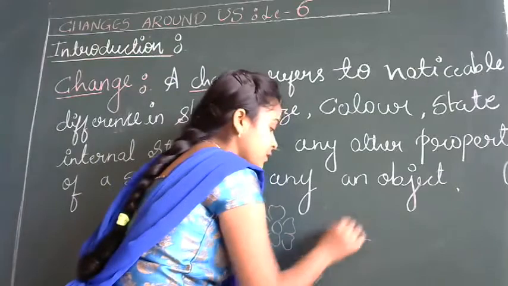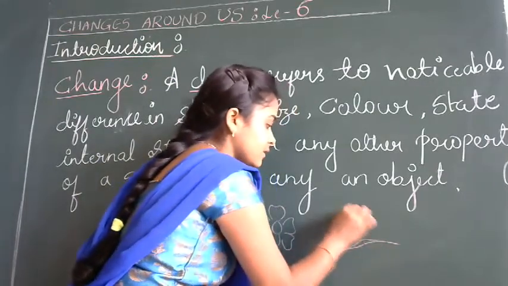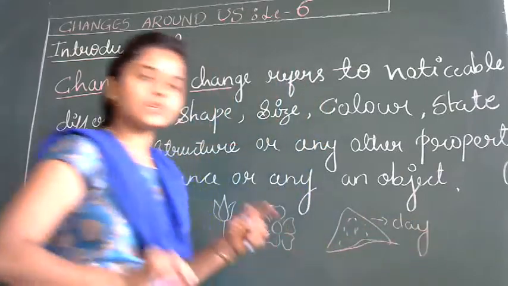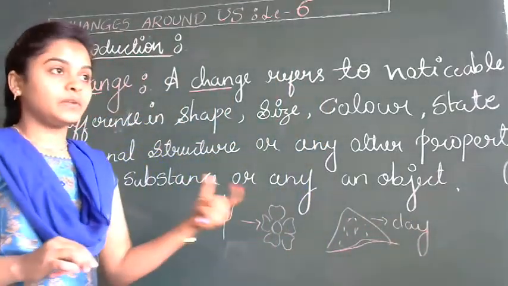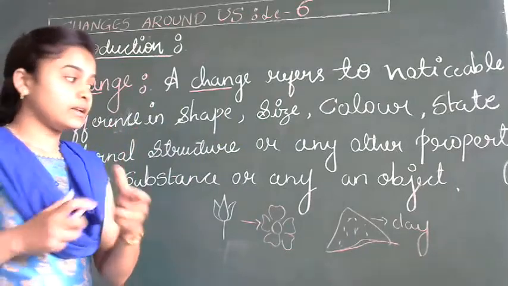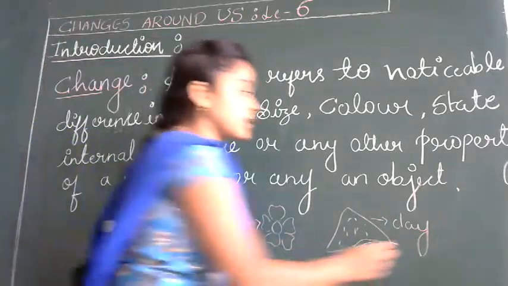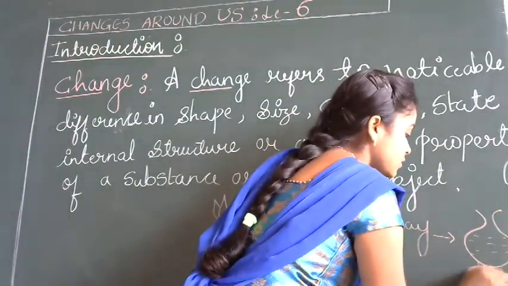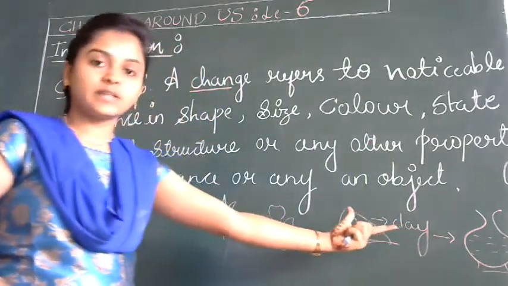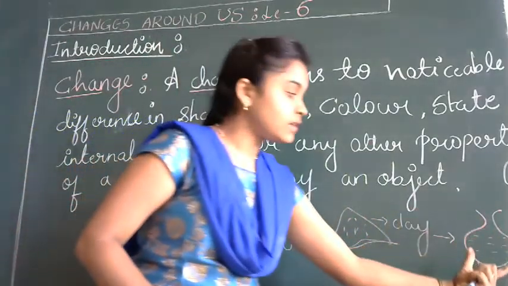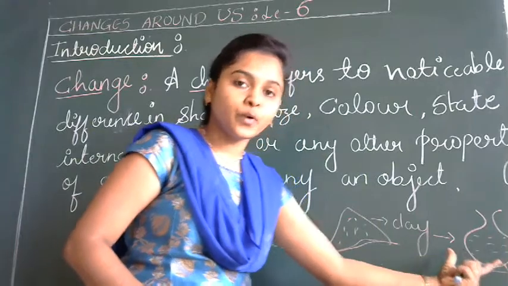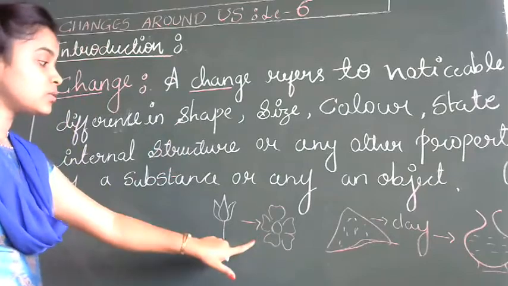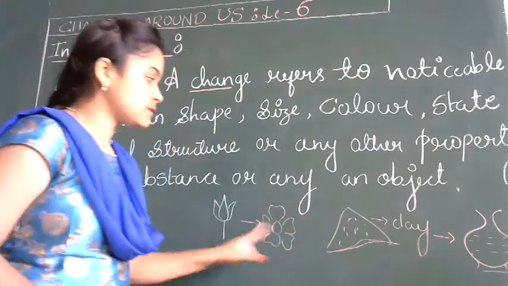For example, when you take clay, this clay does not have any shape, right? But when you take this clay and smash it, you can convert that clay into a pot. Yes, you are giving shape to the clay in the form of a pot. So this is what change refers to. So you can see the noticeable difference in shapes, right?